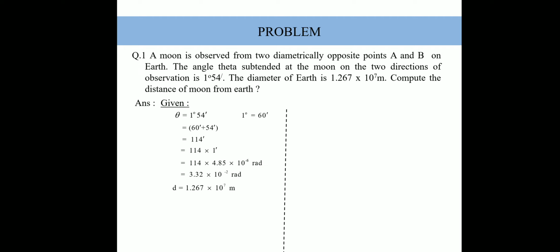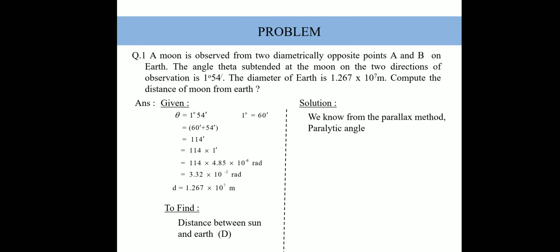So first we obtained the angle in radians, and we already know the diameter of the earth. We are supposed to find the distance between the moon and the earth. From the parallax method, the formula for the parallactic angle is theta equals b by capital D, and then we rearrange it to obtain capital D. First step, always get the right formula.